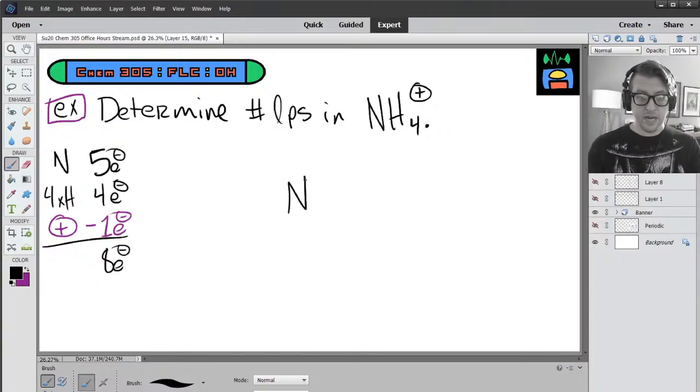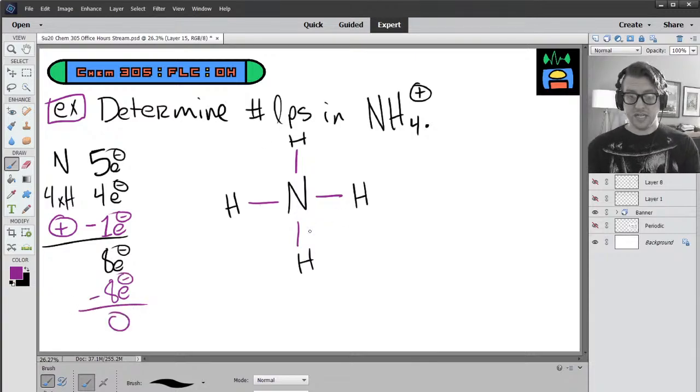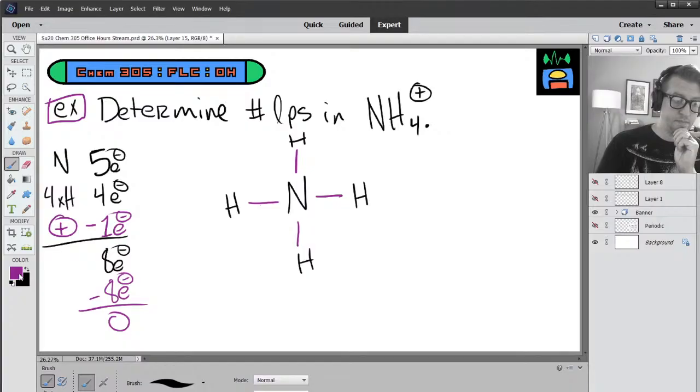Placing our central atom, nitrogen. We need to attach all our hydrogens to our central atom. This is 2, 4, 6, 8. You'll notice that it takes our entire budget to attach our hydrogens to our central atom.